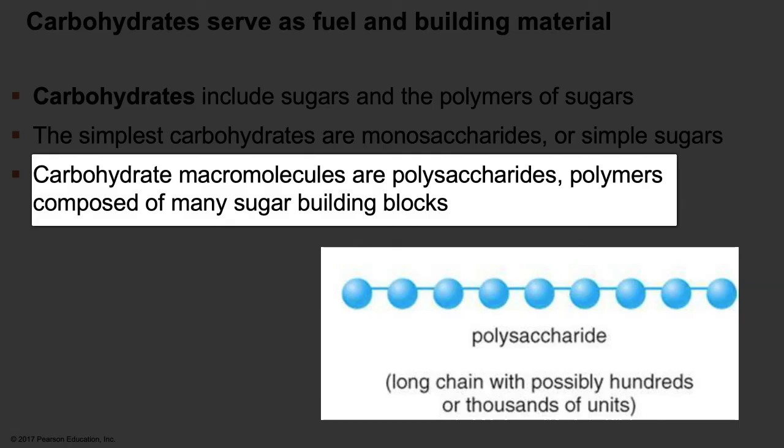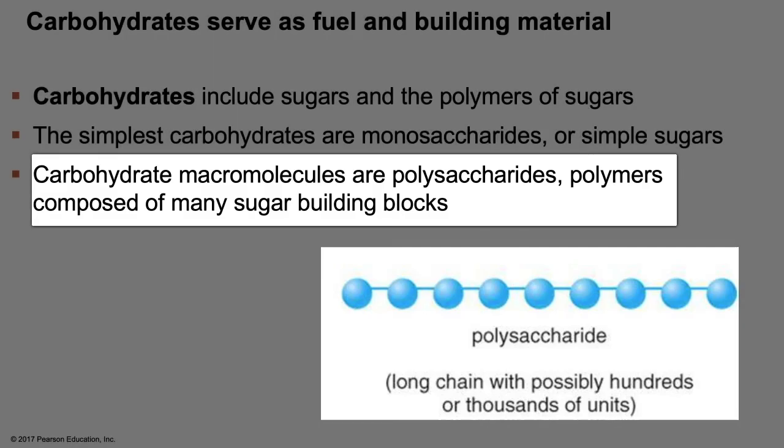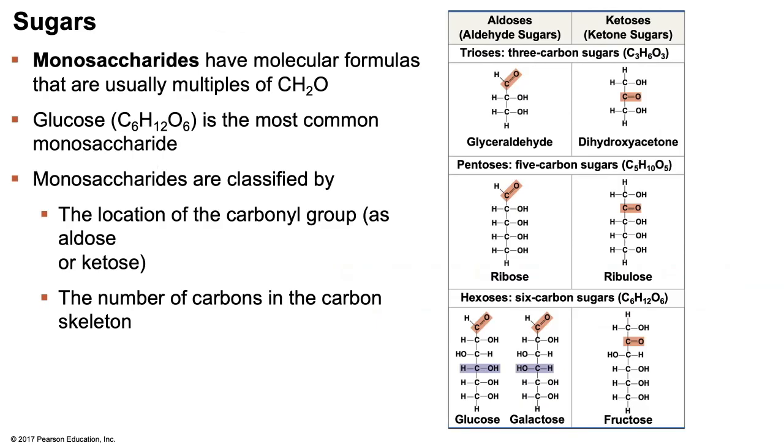They're the polymers of carbohydrates. Let's look at the monosaccharides first. Remember, monosaccharides are the simple sugars, the repeating units for carbohydrates. These repeating units are usually in multiples of CH2O. We'll look at that in just a second.